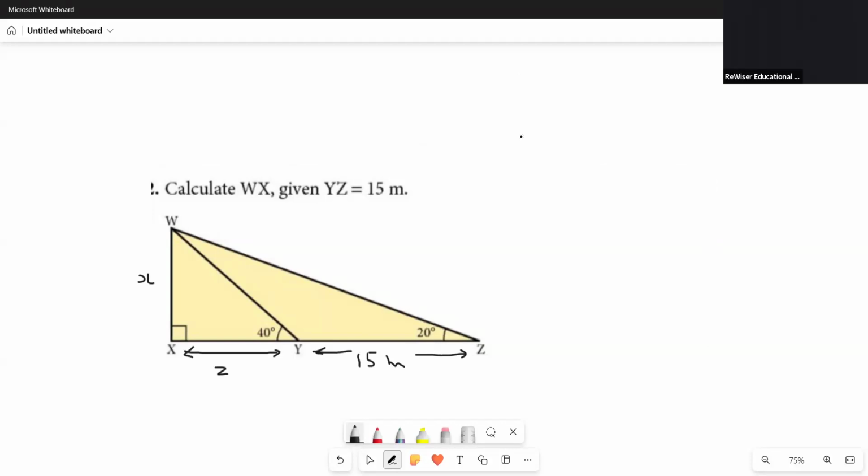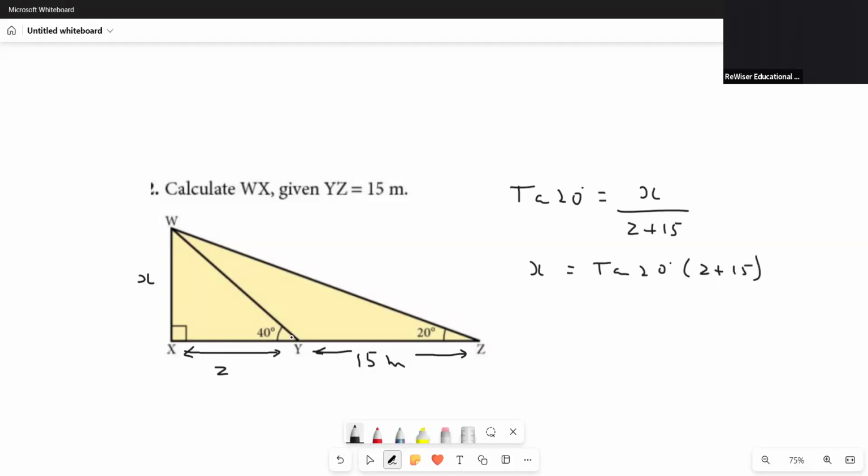If I write tan of 20 degrees, that has to be equal to x over z plus 50. Since I know the value of tan 20, I'll get a relation between x and z.